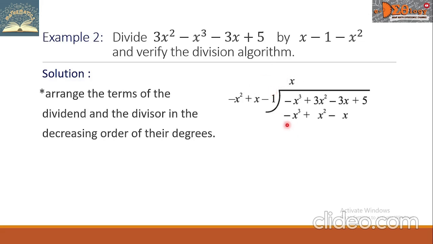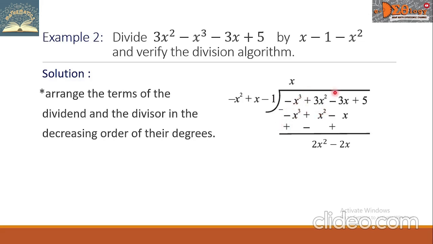The answer is negative x cubed plus x squared minus x. Then we subtract. We change the sign of the terms of the subtrahend. This negative becomes positive, the positive becomes negative, negative becomes positive. Then we add. Negative x cubed plus positive x cubed cancels out.